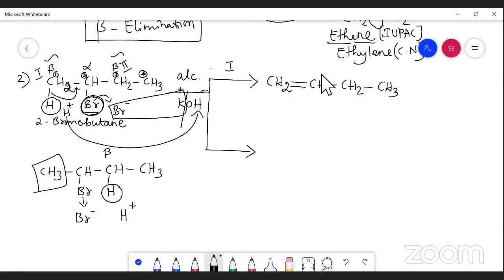So is it clear? Whenever you add K, KBr will be eliminated. If you add hydroxyl ion, H comes with the hydroxyl ion and is eliminated as a water molecule. Now the free bond will be shifted. This product I am going to write here in step 2.